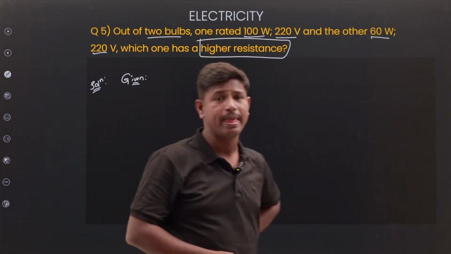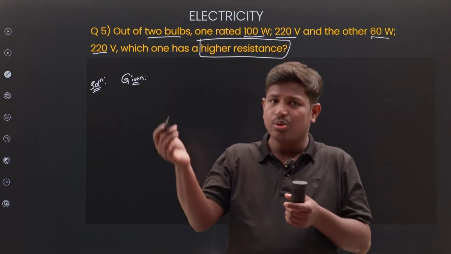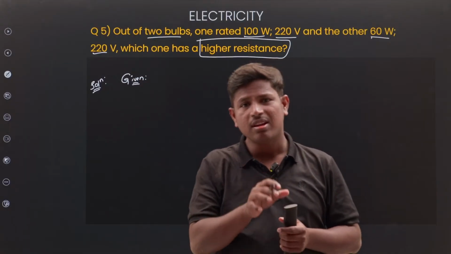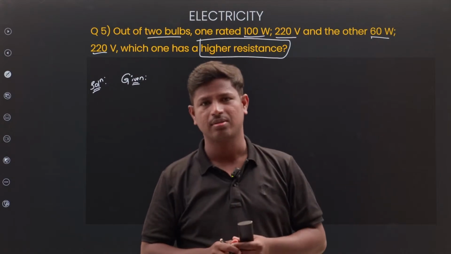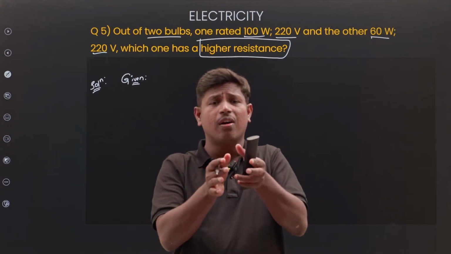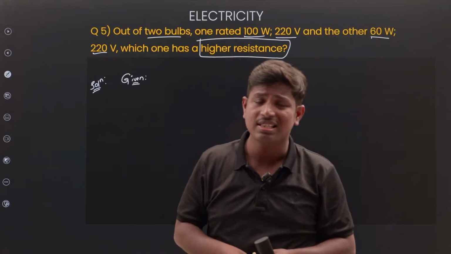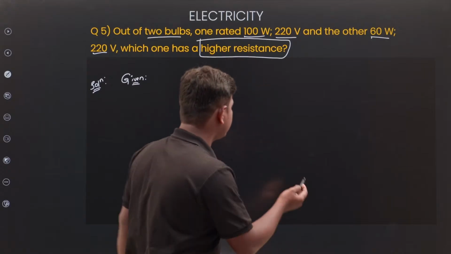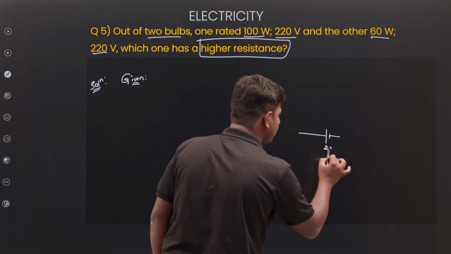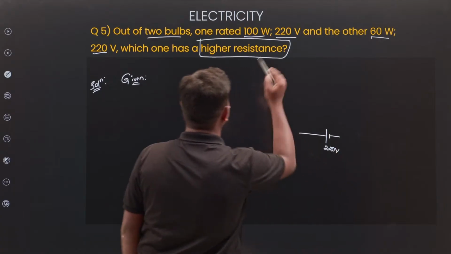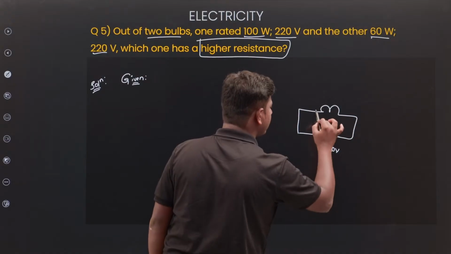First is the 100 watt bulb, connected to 220 volt. And the second one is the 60 watt bulb, also connected to 220 volts. So the potential of 220 volt is the same for both. First I am taking 220 volts, connected to the bulb, and the bulb glows.